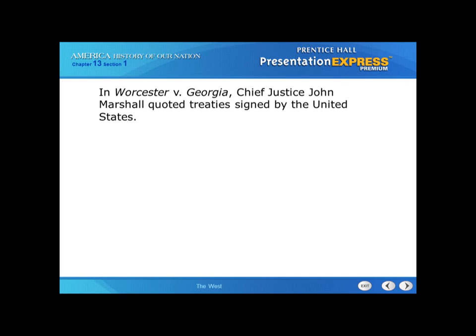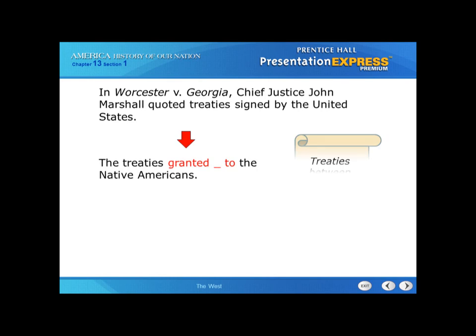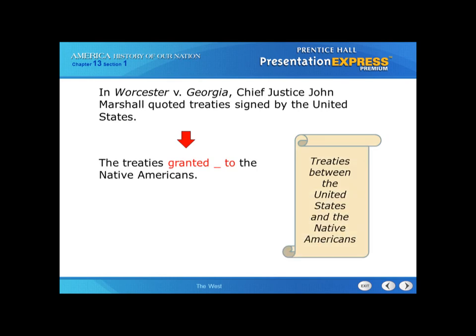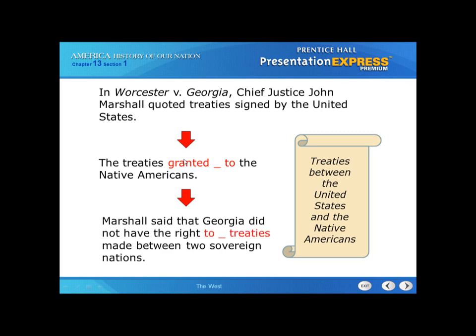In a sense, he's going to side with the federal government and with the Cherokee Nation. He said that these treaties granted territory to the Native Americans. Marshall said that Georgia did not have the right to revoke treaties made between two sovereign nations. So again, this is federalism.